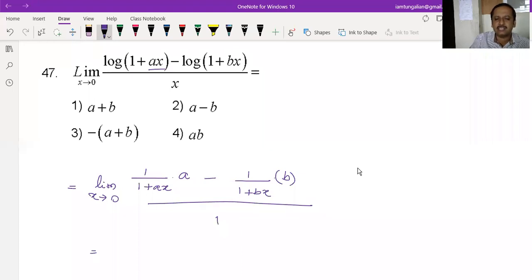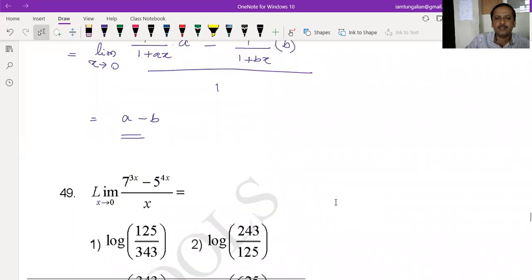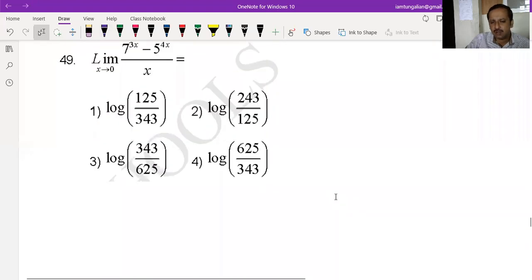Apply the limit as x tends to 0. That will give you a minus b. A minus b is the answer, which is the second option. Okay. Next. 49th question.